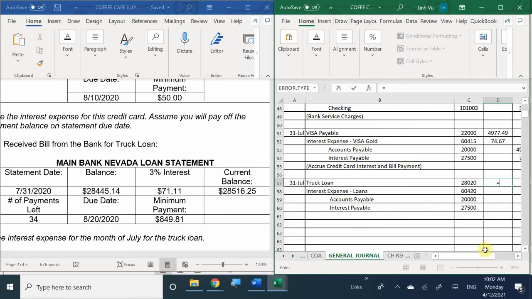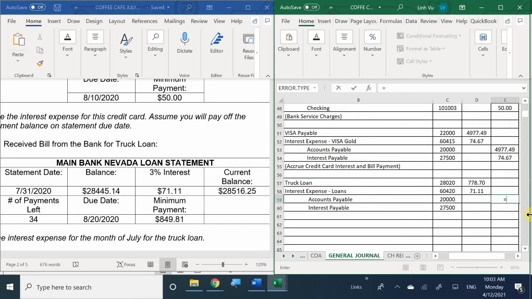Anybody? 778.70. Okay, so if I take my $849.81 and subtract out my interest of $71.11, that means $778.70 is going to actually go towards my payment to the actual loan, right? We also have to encounter $71.11 of interest.